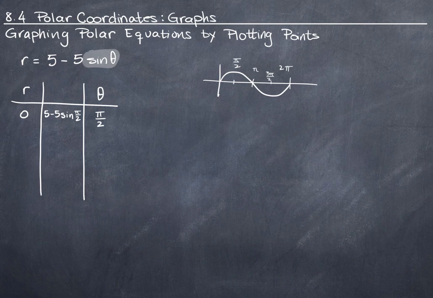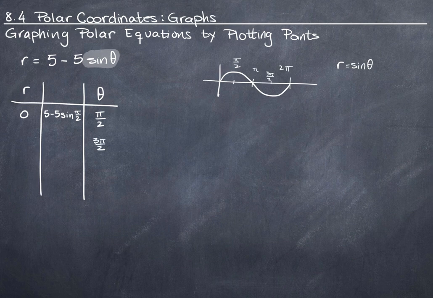This is just for y equals the sine of x, or I could write this as r equals the sine of theta, just for fun for right now. Sine finds its maximum value at pi over 2. When we plug pi over 2 in here, we get 0 out. It finds its minimum value at 3 pi over 2. When we plug in 3 pi over 2 here, we get -1, but when we plug 3 pi over 2 in here, 3 pi over 2.